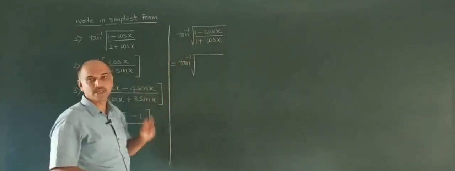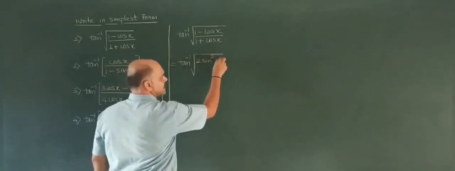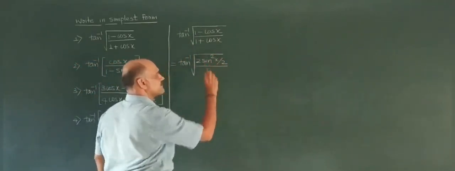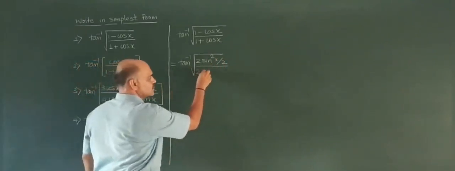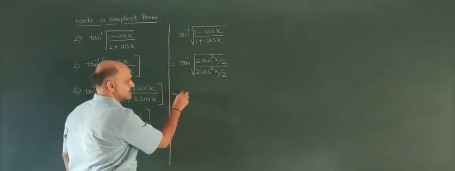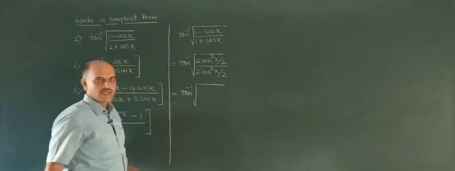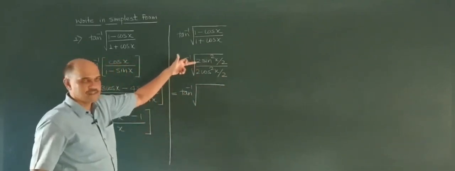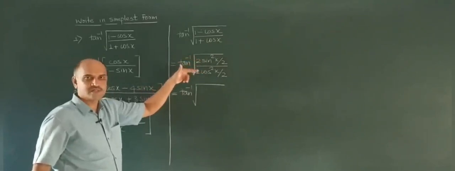So here 1 minus cos x means 2 sin square x by 2 divided by 1 plus cos x, which is 2 cos square x by 2. So this is equal to tan inverse root of. Here 2 gets cancelled. So sin square by cos square, or sin by cos is tan.